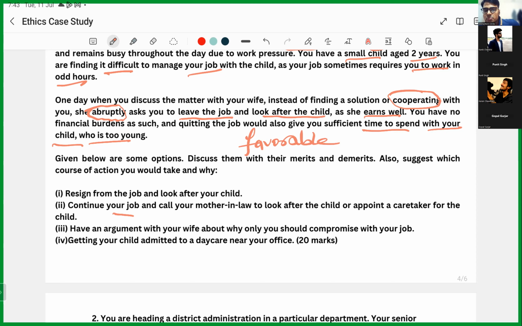Okay. Last point, getting your child admitted to daycare near your office. Near your office means you can visit. Demerits will be the same. What kind of family are you going to promote? We know that child-parent bonds start from the very beginning of the child. It will be estranged. At the same time, trust.